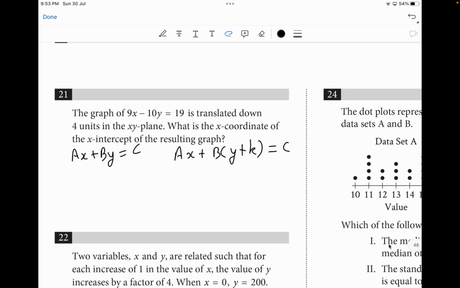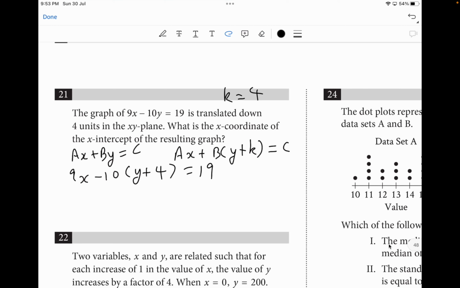Now it's given to us that the graph of 9x minus 10y is equal to 19 is translated down 4 units in the xy plane. So therefore, the resulting graph can be represented as 9x minus 10 times (y plus 4), where k is equivalent to 4, is equivalent to 19, which is c.